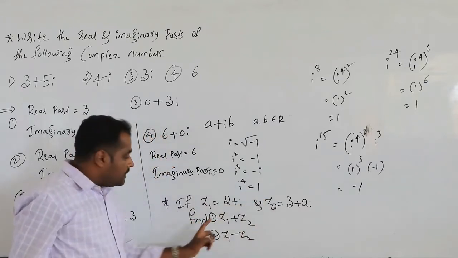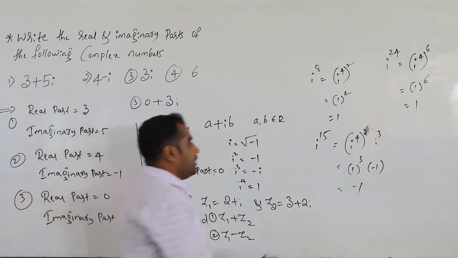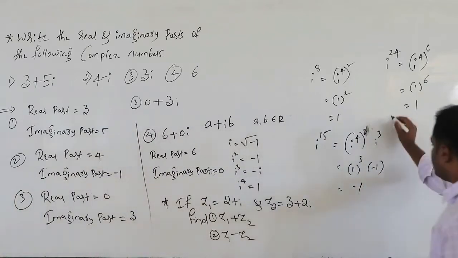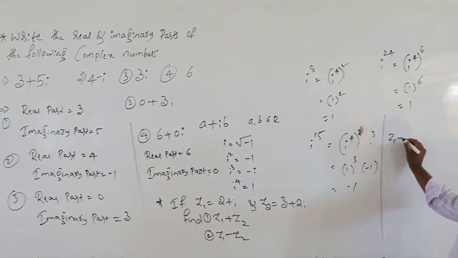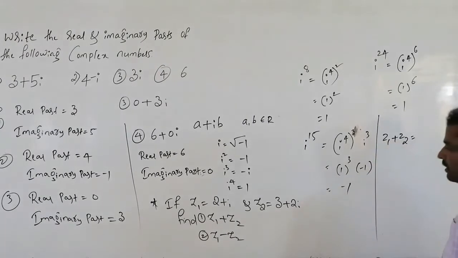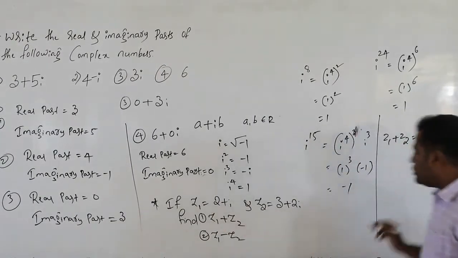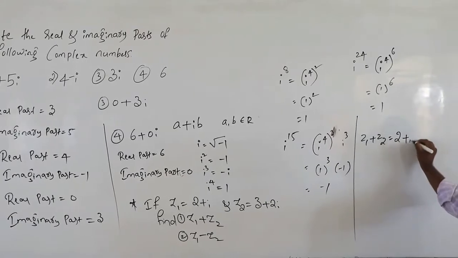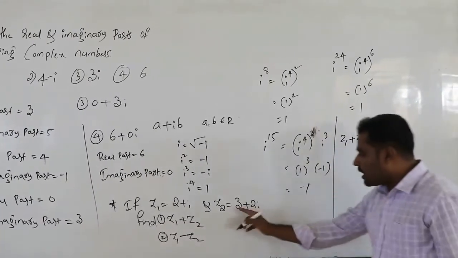What is the question? z1 plus z2, addition of two complex numbers. z1 is given as 2 plus i, plus z2 with value 3 plus 2i.